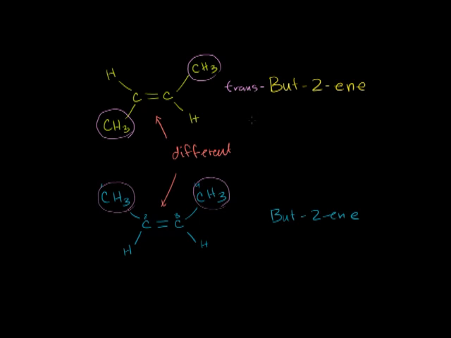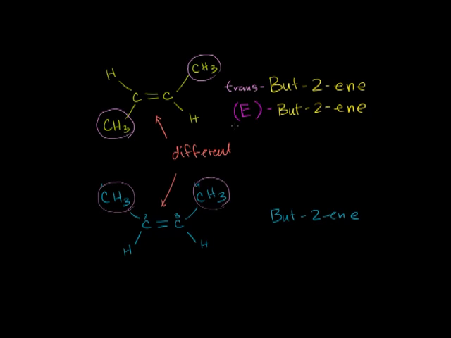The other convention comes from the German for apart, and there we call it Entgegen. And instead of writing out Entgegen, we write E in parentheses. So we would call this E-butene. These mean the same thing.